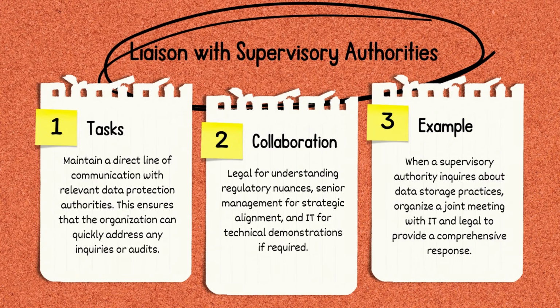Collaboration, of course, legal for understanding the regulatory nuances, senior management for any strategic alignment, and IT for technical demonstrations if required by the DPAs. For example, when a supervisory authority inquires about data storage practices in our organization, you need to organize a joint meeting with IT and legal to provide a comprehensive response.